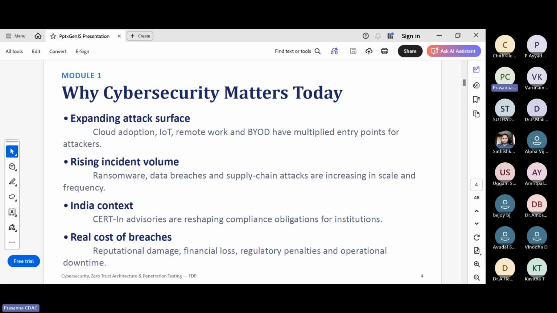A vulnerability is a known weakness of a system. Any hardware or IT system you take will definitely have some weakness. Without weakness, no system exists. Even a human being has some weakness. Protecting against that weakness is the duty of cybersecurity.